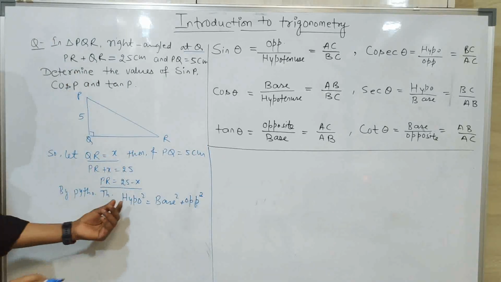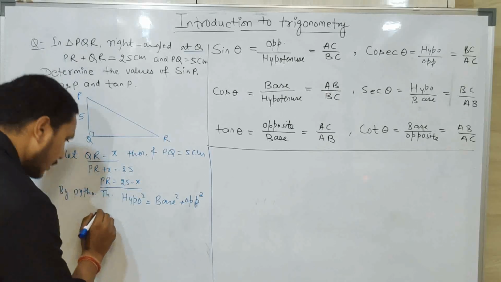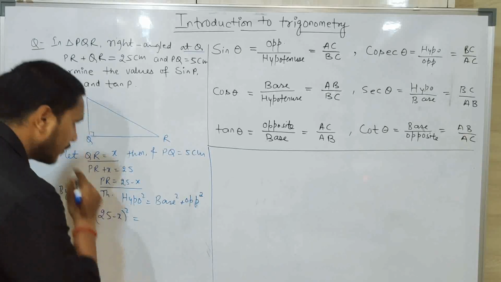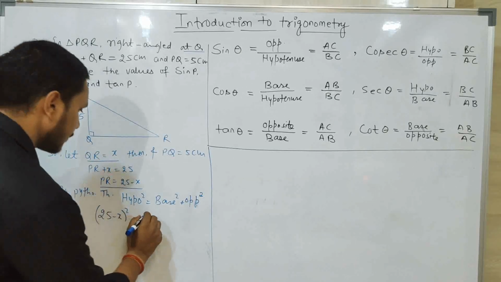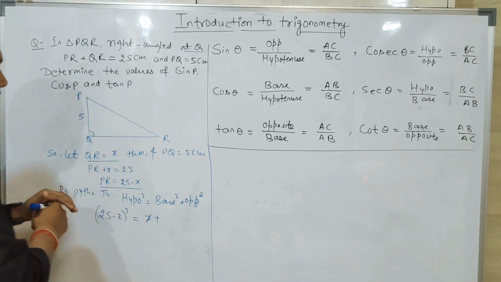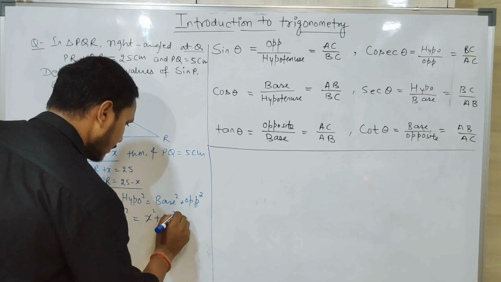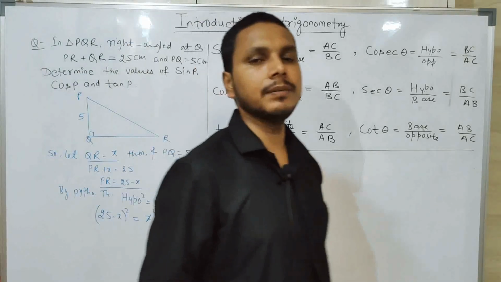Okay, so put the values. Hypotenuse PR is 25 minus x. So write 25 minus x the whole square equals to base square. Base is QR, which is x, plus we write square, and opposite is 5 square.